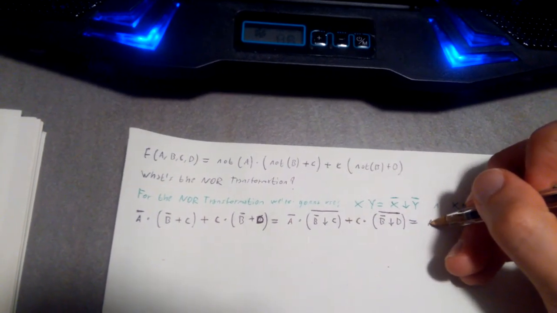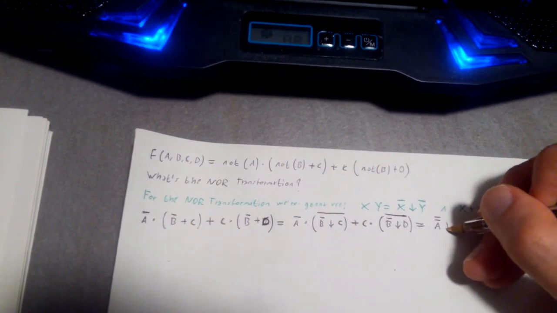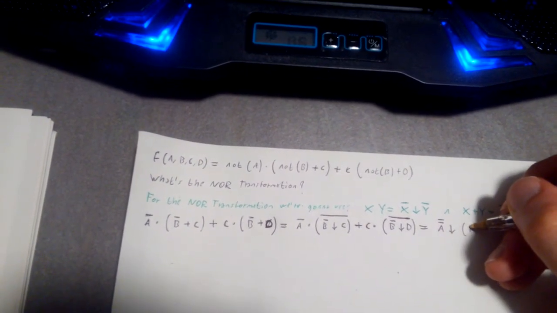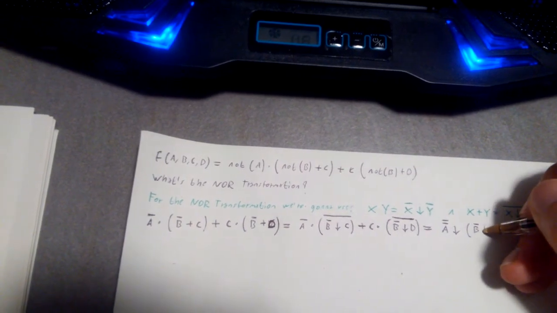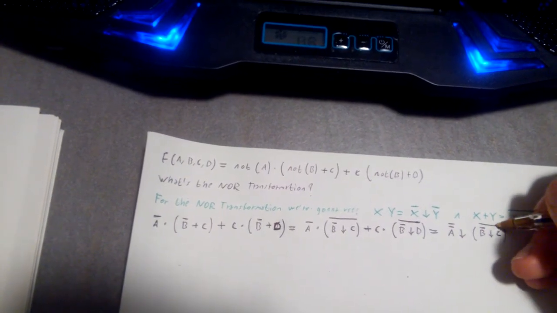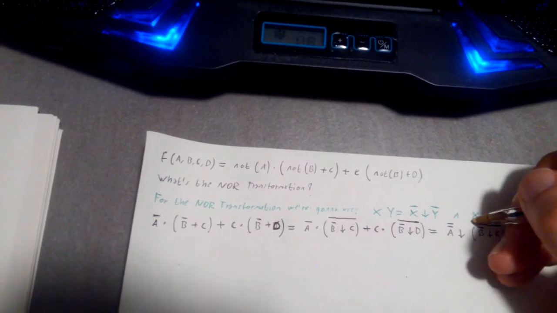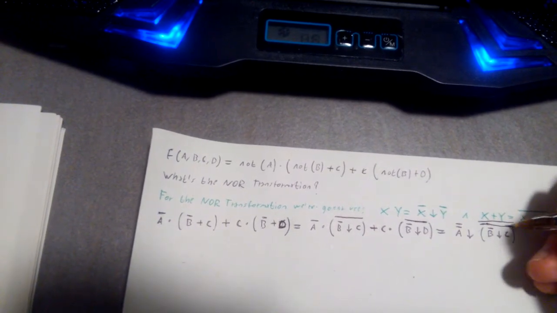So basically I'm going to have A not not, arrow down, B not, arrow down C, all with a not because we already had this not. I'm going to have another not on this individual one.